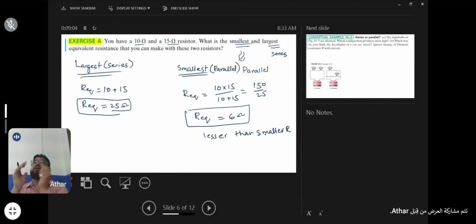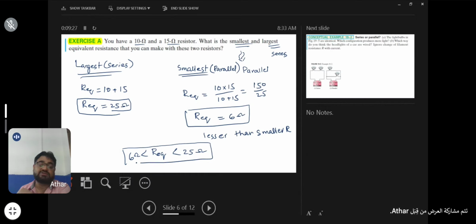So this result you have to remember. If I ask you the question, if 10 ohm and 15 ohm are two resistances and you want to get the range of the answer, R equivalent will range from where? It will be greater than 6 ohm and it will be less than 25 ohm. So if I give you an option, there are two resistances and what will be their possible resistance.